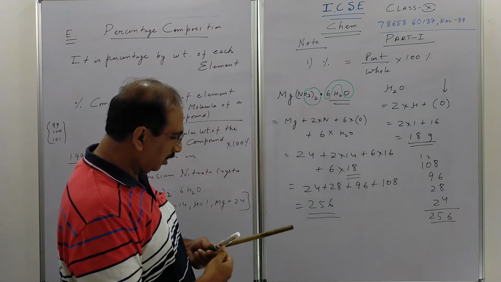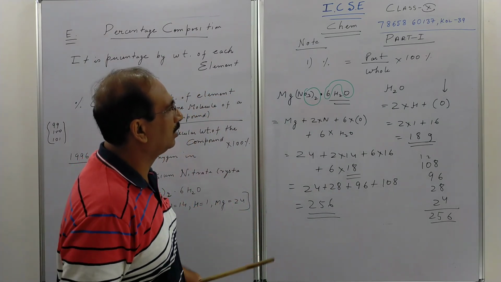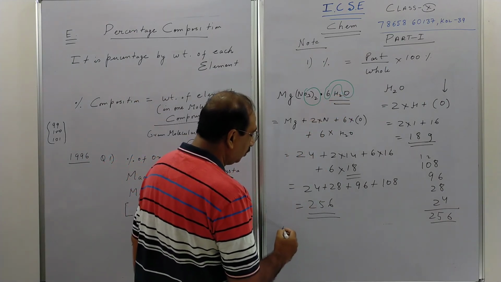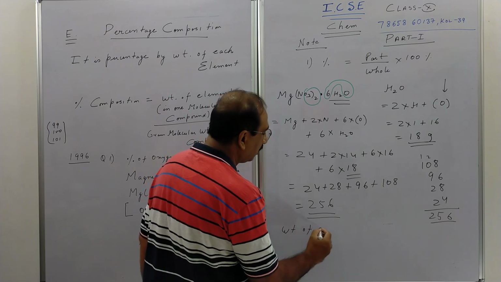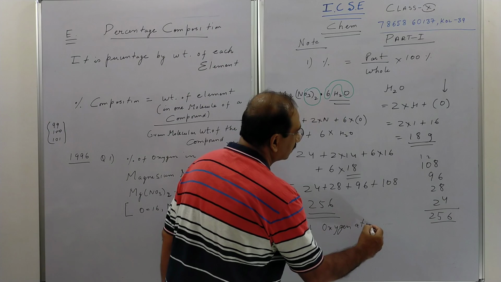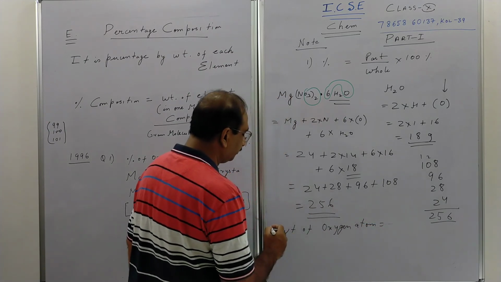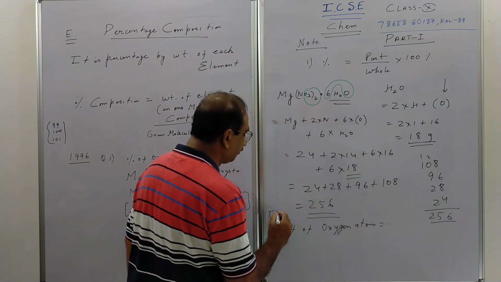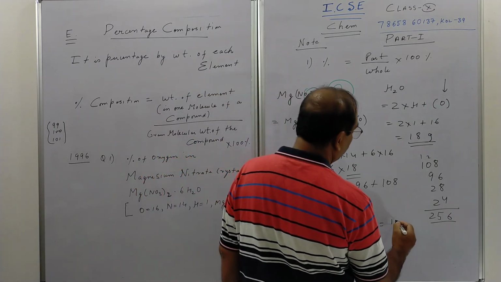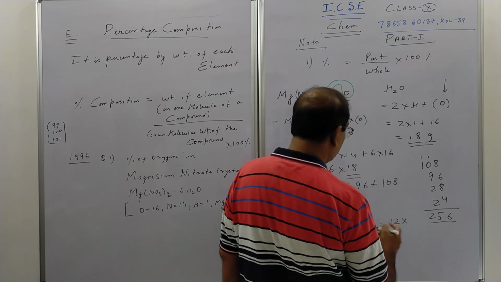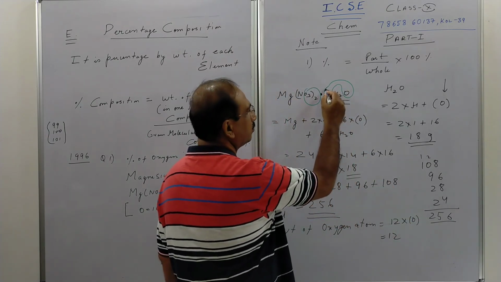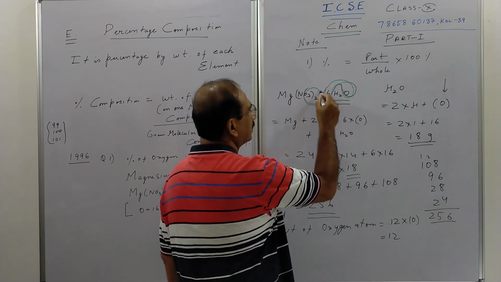We have to take the water of crystallization also into account. So the total weight of oxygen atoms is 12 into O. So 12 oxygen atoms are there, 6 here and 6 here.